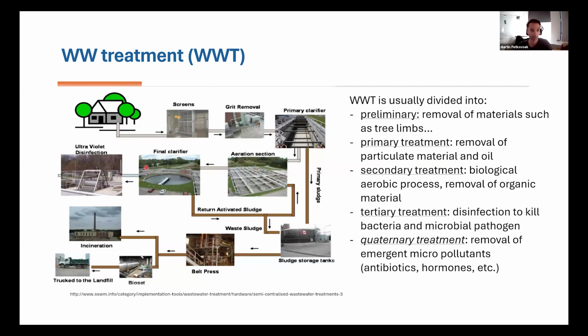The secondary treatment step is an aerobic treatment step. Here, dissolved organic material is oxidized and removed through biological processes. The wastewater is mixed and aerated in special tanks, or a series of tanks if the wastewater treatment plant is big.